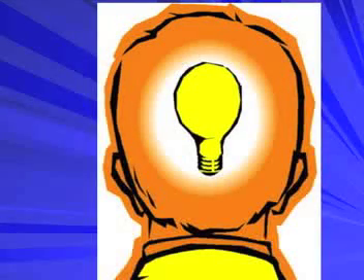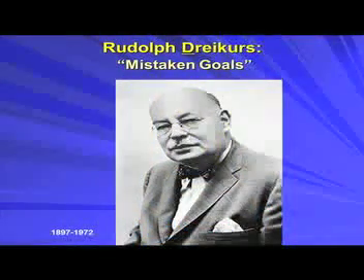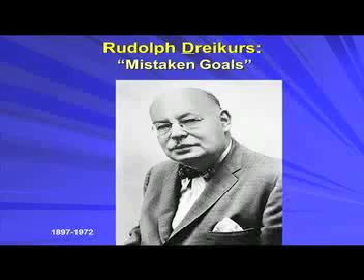I'm talking about the system put forth by Rudolf Dreikurs. This eminent professional provided us with a method for gaining a more comprehensive understanding of why individuals act and react as they do. His mistaken goals analysis can give us deeper insight into the purpose, cause, reason, the function behind a behavior pattern.